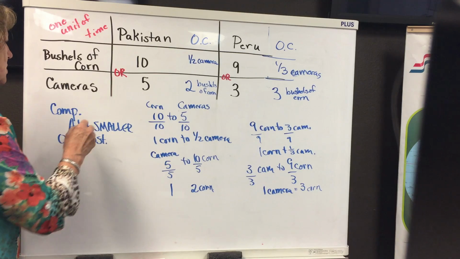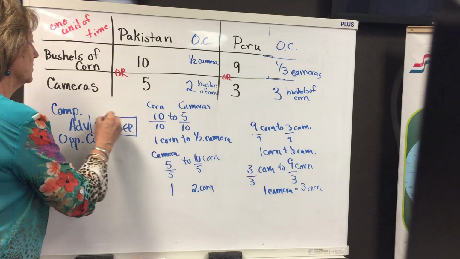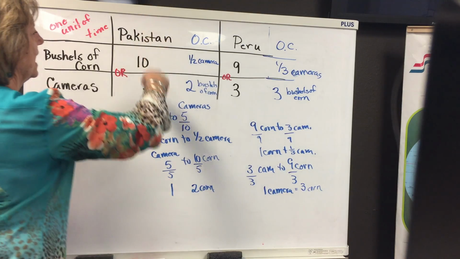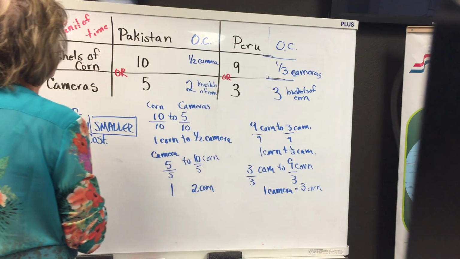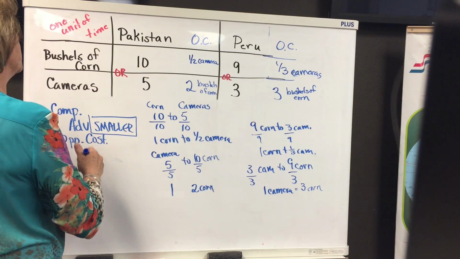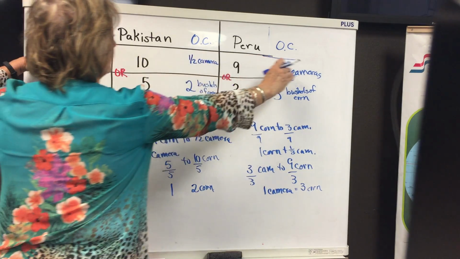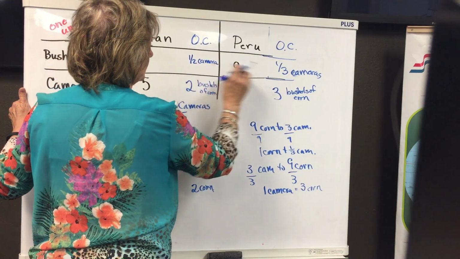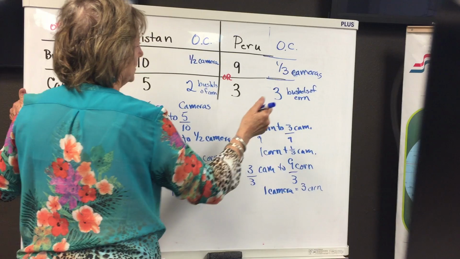So here we're looking for the smaller number. When we're looking at which country has the smaller opportunity cost for corn, we read across here, and the smaller number, 1/2 or 1/3, is going to be 1/3.